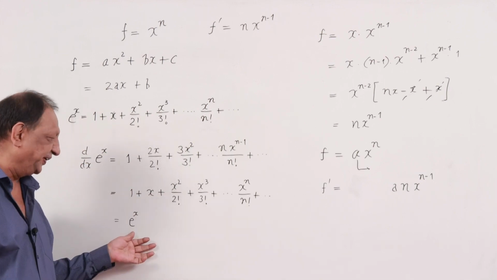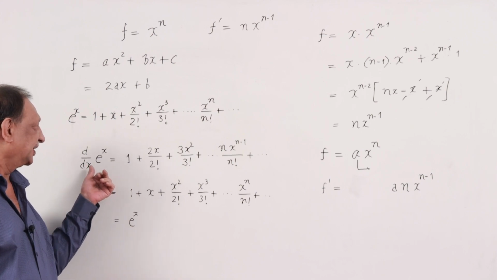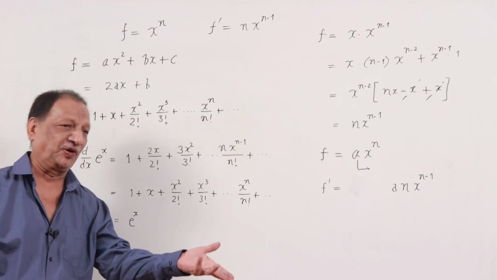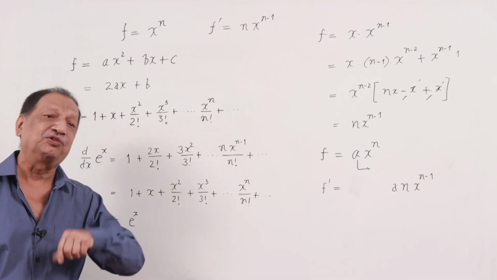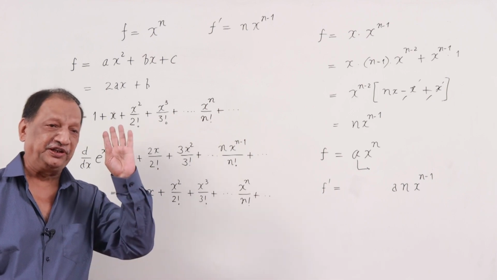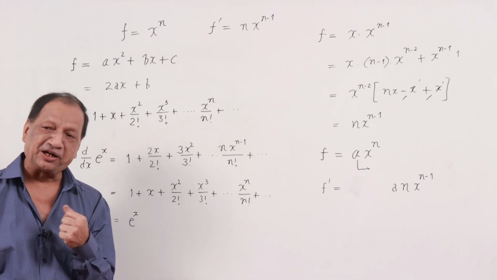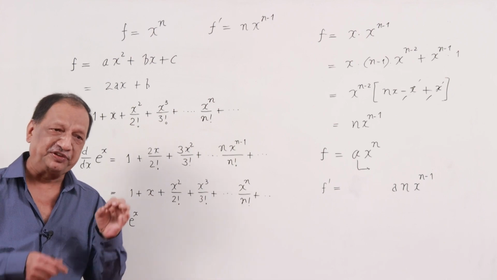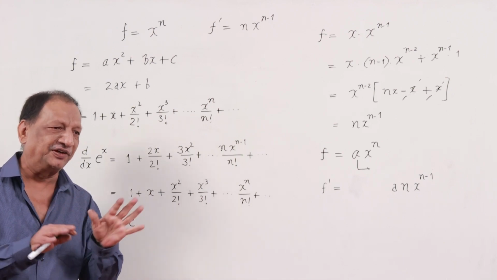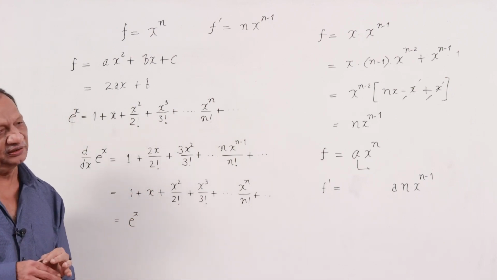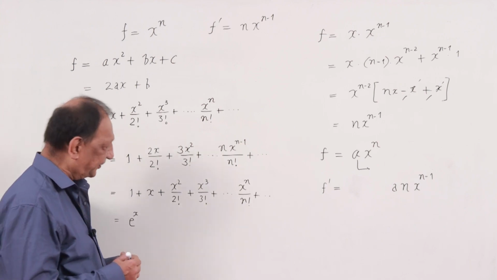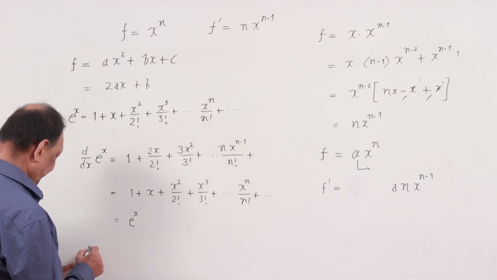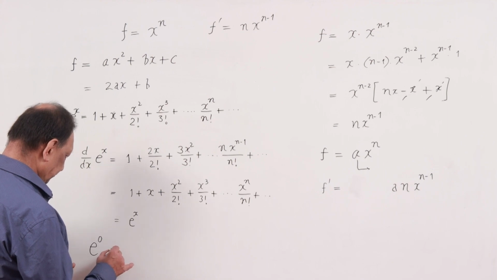That will be second order derivative of e power x, which is also e power x. I can differentiate that once again and once again up to infinity order. It doesn't matter how many times you differentiate e power x, you'll be left with e power x only. All the derivatives are the same, and at x equal to 0, e power 0 is 1.